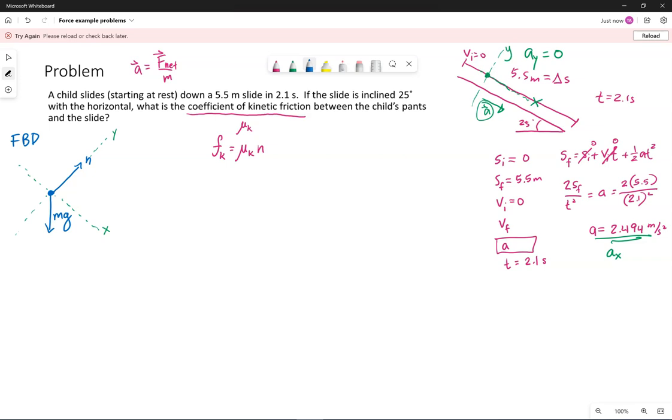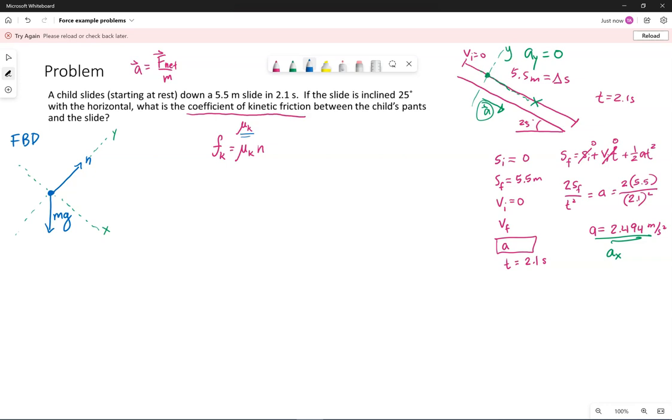One other force: with this child being in contact with the slide, there's some friction. The other indication is, of course, that it's asking us for the coefficient of friction, so there has to be a force of friction. The force of kinetic friction is always opposite the motion.